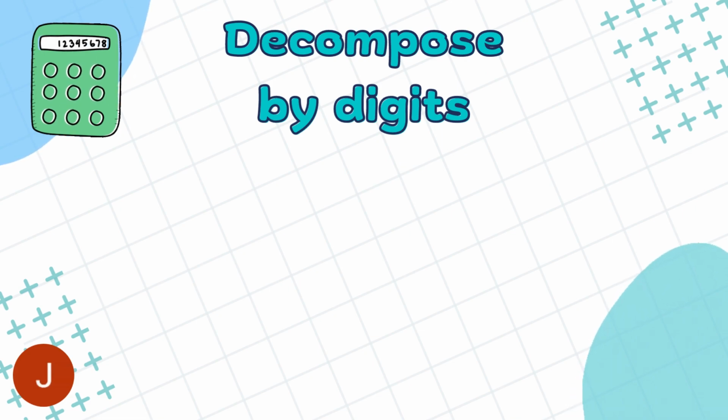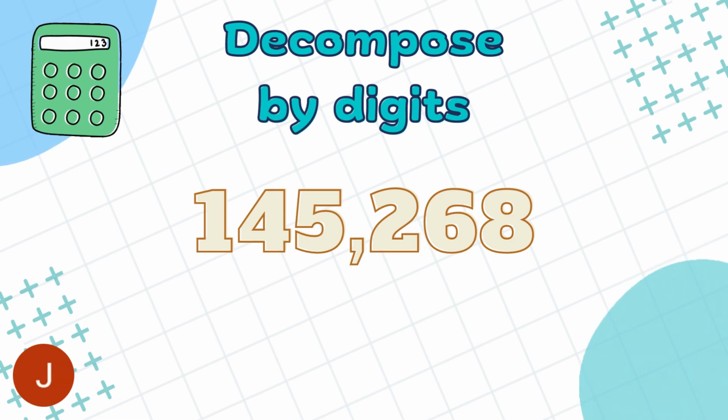Let's start by digits. Suppose I have this number. If I wanted to decompose it, I'm going to start with the first digit, the 1. In this number, 145,268, I have to find out the position of 1.